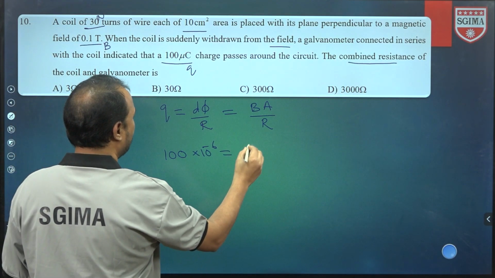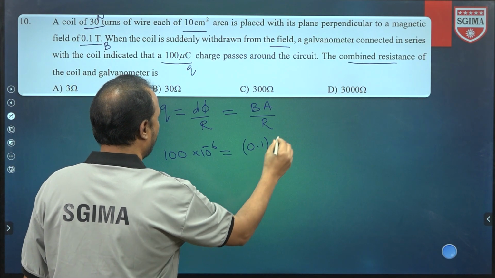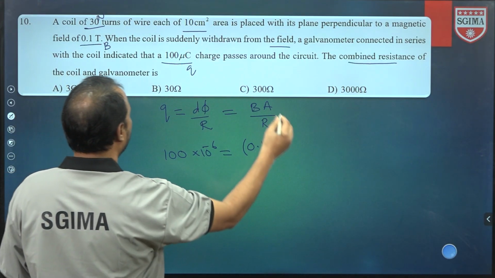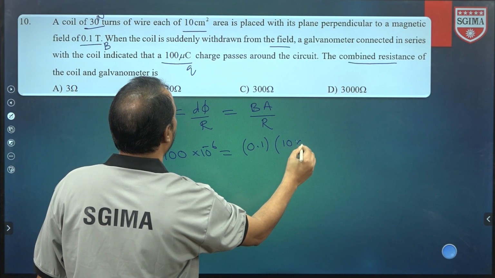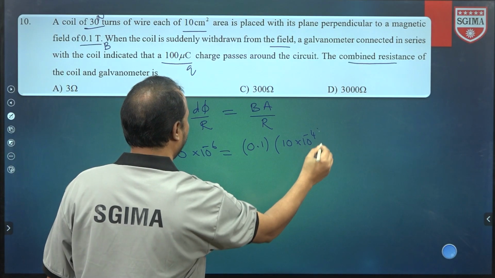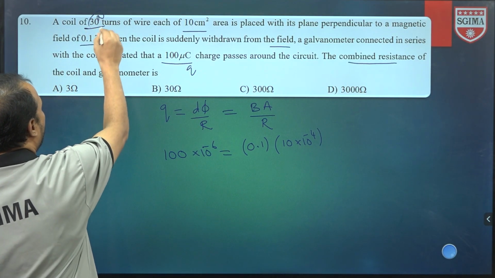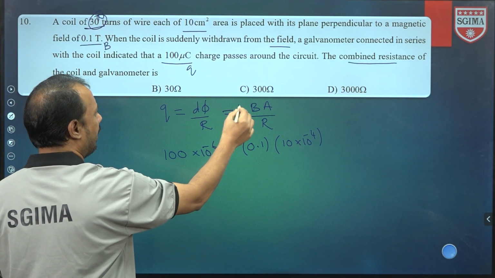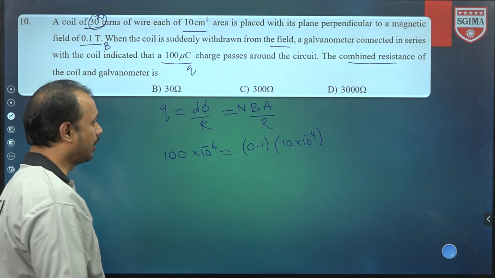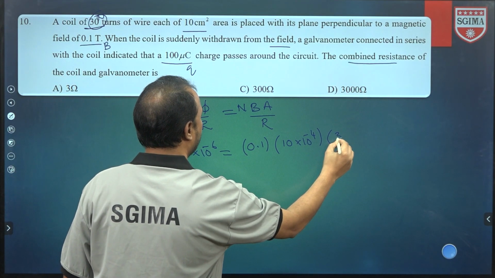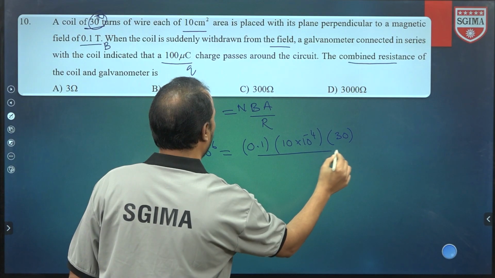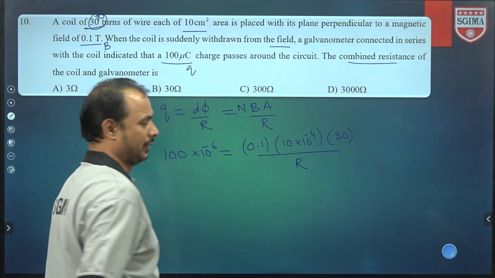Magnetic field is 0.1. Area is 10 centimeter square, converting gives minus 4. But in this we have the number of turns also, so we just multiply with the number of turns, which is n. The number of turns is given as 30, and we are asked for the resistance.